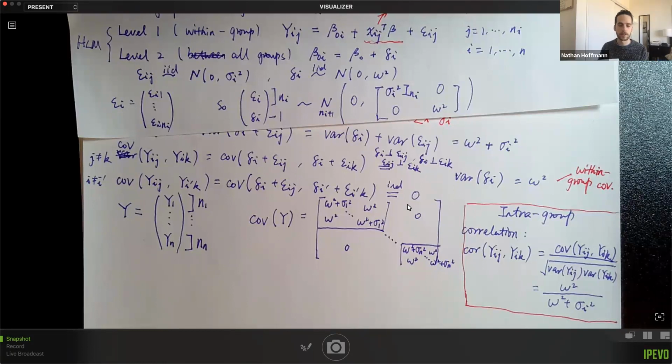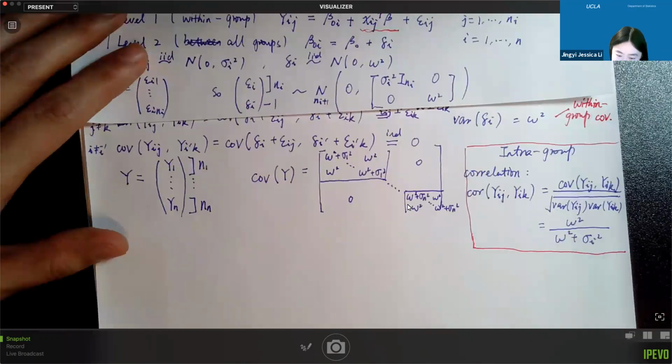Oftentimes in that case, we drop the I for sigma I. It's for the same reason that you don't have enough observations to estimate so many parameters. If you cannot estimate beta 0i when you don't have enough observations, why would you want to estimate sigma I? We write sigma I as a more general notation, but you can always simplify that by removing I. Okay, thank you.